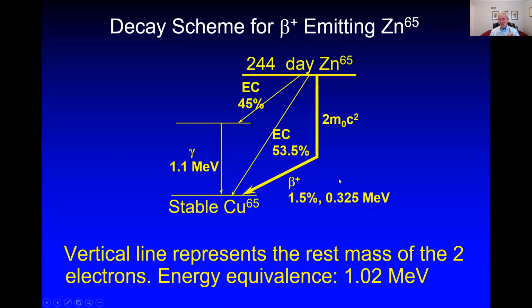And you can see that the competing mode here is electron capture. We went from zinc 65 to copper 65 in both cases. We started in one place and ended in one place. So these are competing modes. This electron capture here occurs 53.5% of the time, and this is 45% of the time, and this is 1.5% of the time.